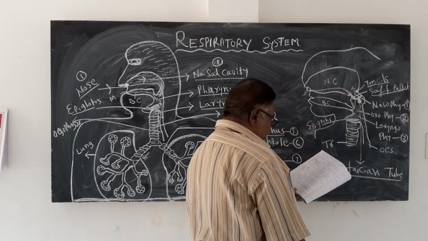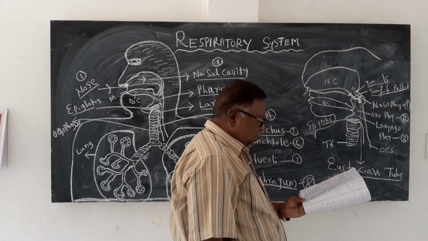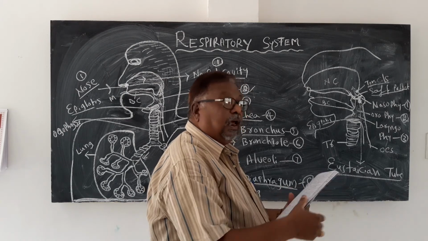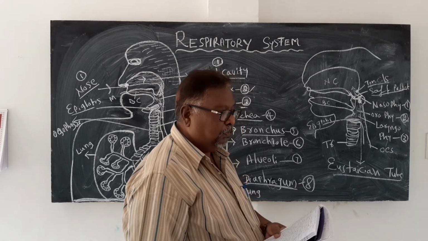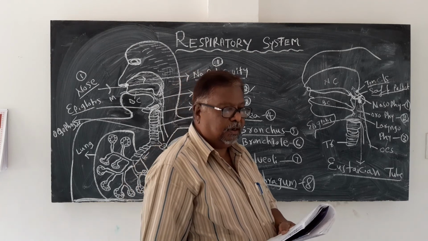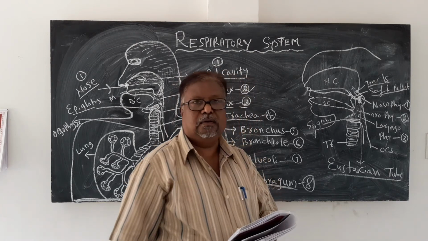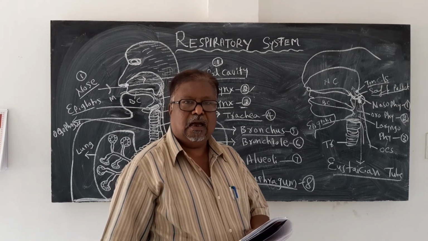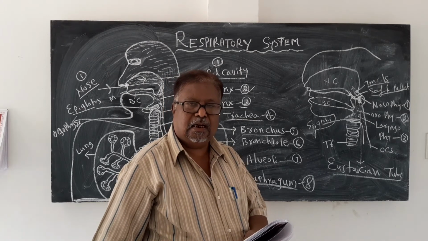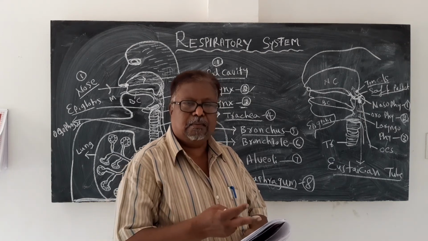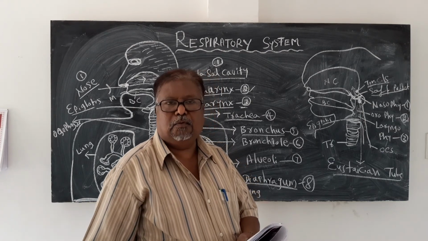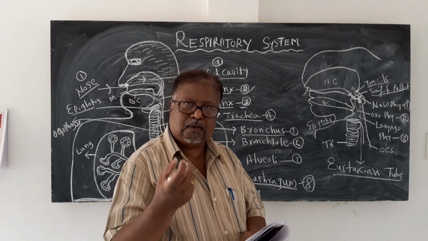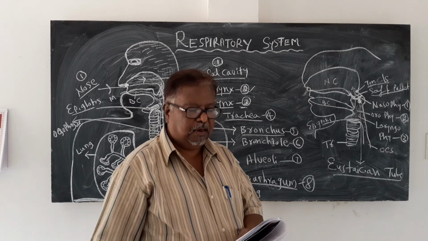It is well developed in children and is called adenoid. As the child grows up, the adenoid regresses and shrinks.